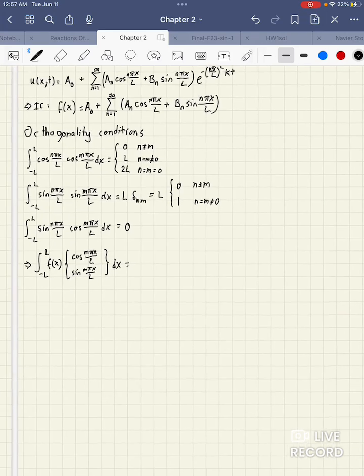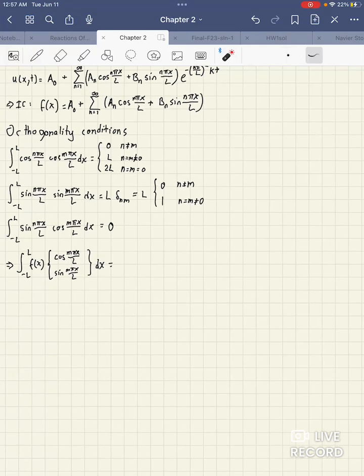That's equal to, and now for the summation, we can combine this a of 0 with this one, and then we can separately do this one.